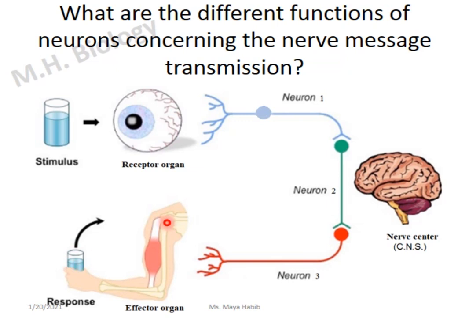So based on this figure, we can say that the neurons have 3 different functions, which are transmitting sensory nerve messages, or being within the central nervous system for integration, or transmitting motor messages.